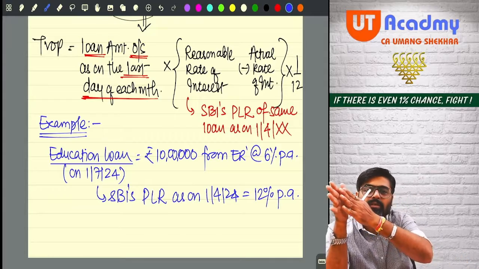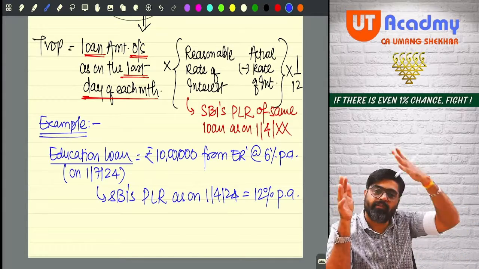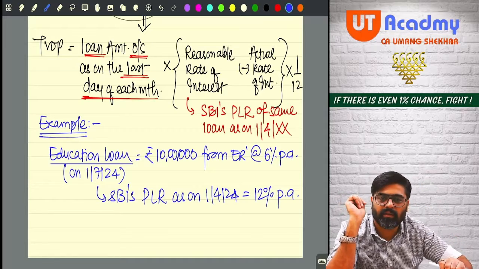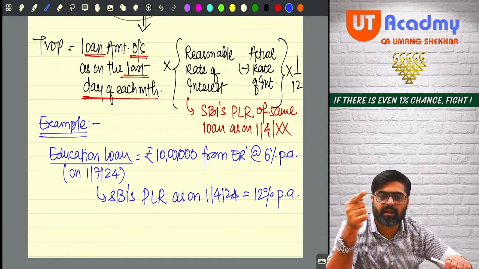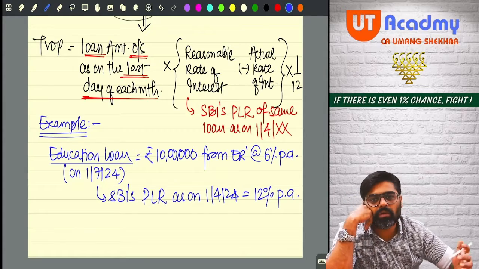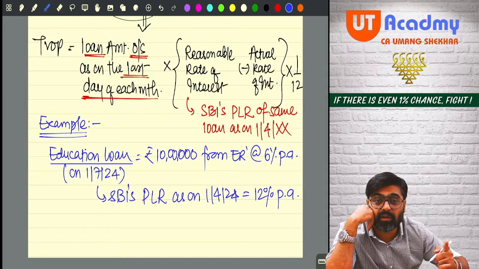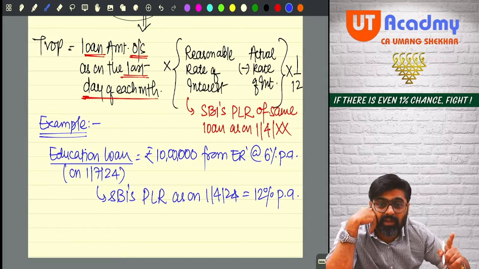Meaning that this loan is outstanding throughout the year. Every month end, the same amount of loan will be outstanding. So how much interest benefit? On 10 lakh, 12 minus 6, 6% interest benefit is happening. So on 10 lakh, calculate this 6%. It will be 60,000. But 60,000 is the benefit for the full year.